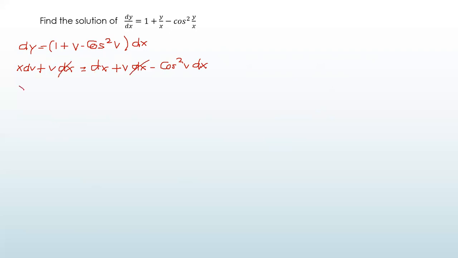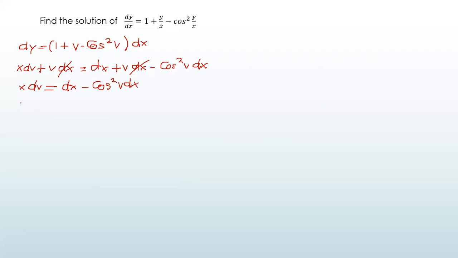So x dv equals dx minus cos square phi dx.